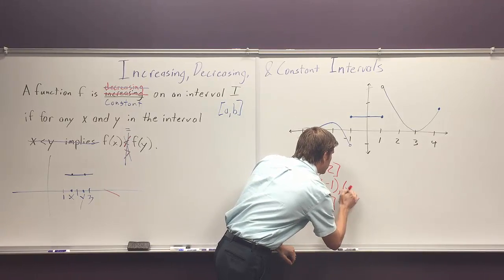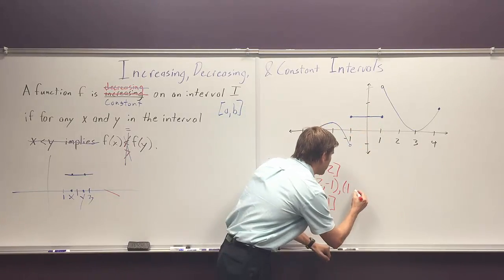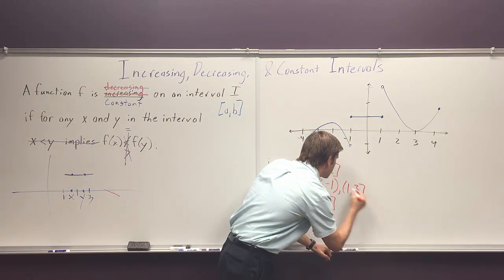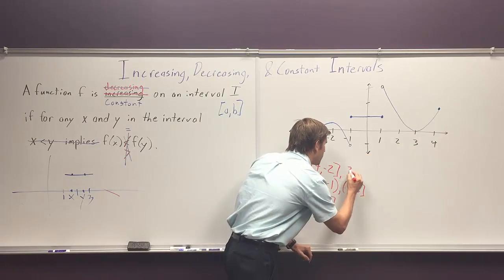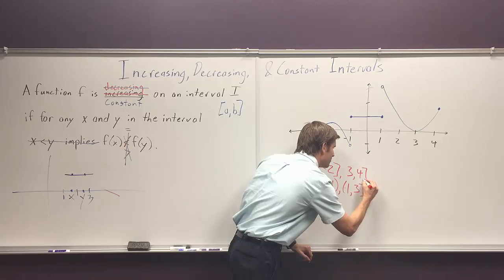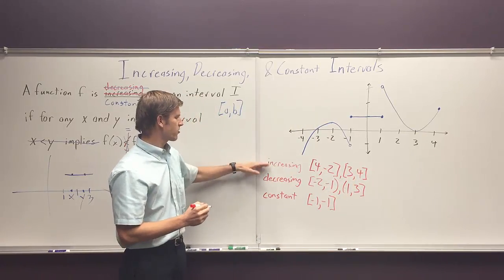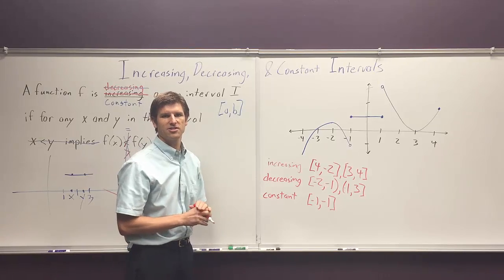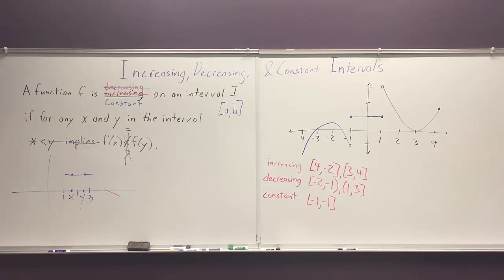So from 1 to 3, it's decreasing, and then it's increasing from 3 to 4. So there you have it. Those are the intervals of increase, decrease, and the constant intervals on a function graph.